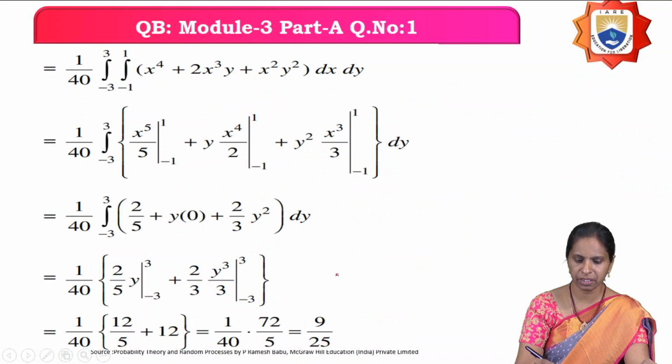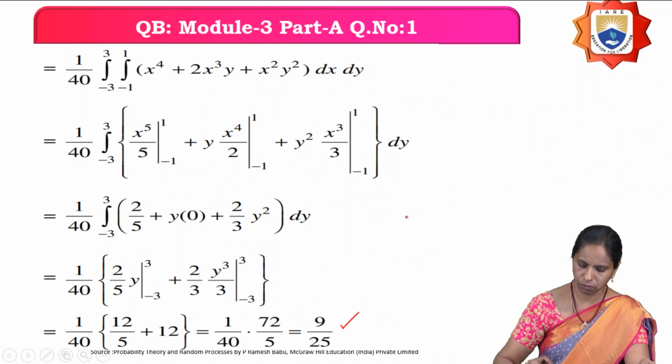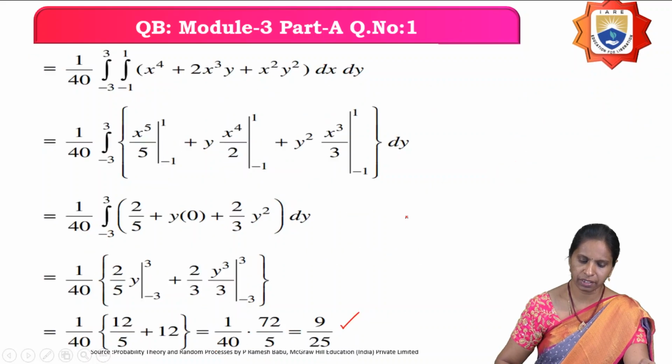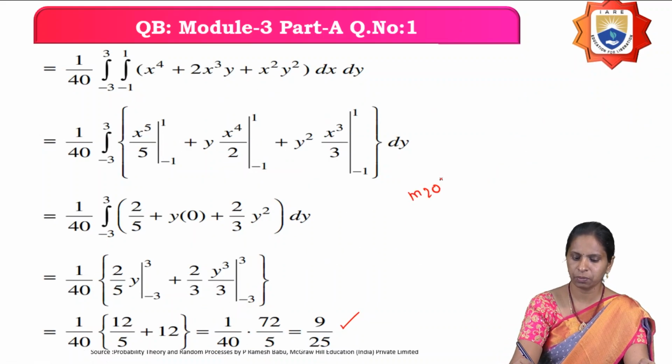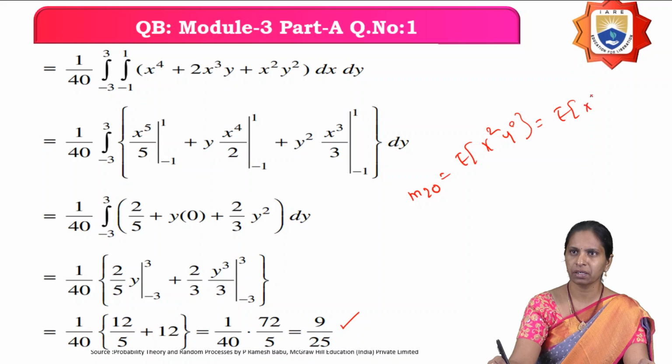If you simplify this, you are going to get the answer 9 by 25. Therefore, we have calculated M20. So what is M20? The expectation of x square into y power 0, which is nothing but the expectation of x square that you have calculated. What is that value you got here? 9 by 25.